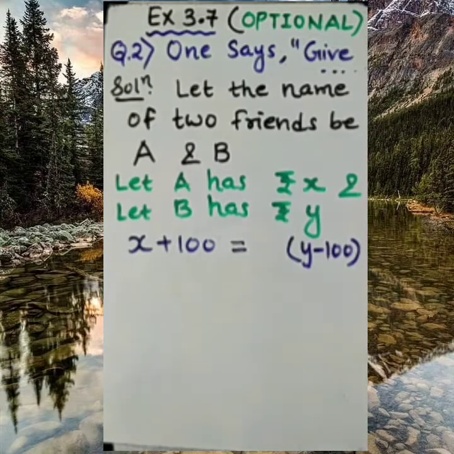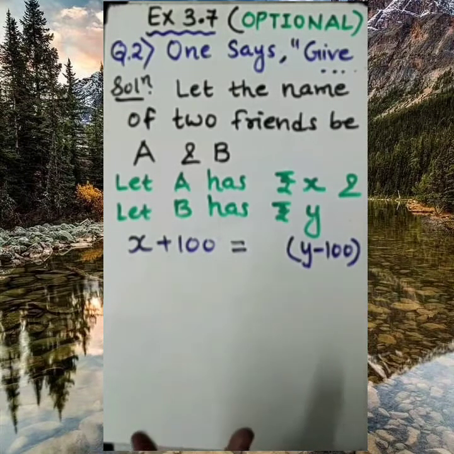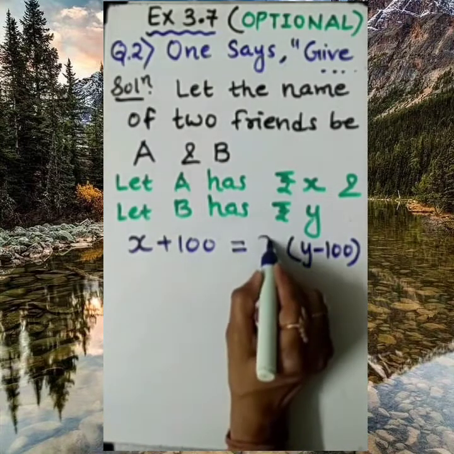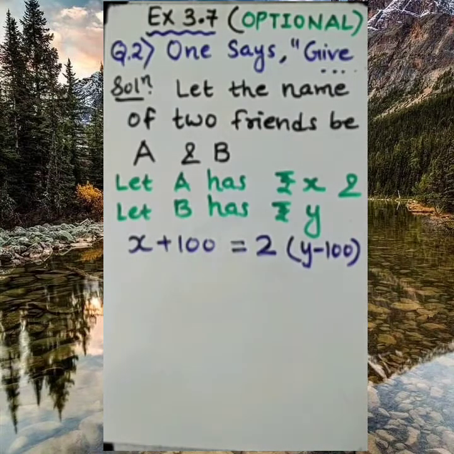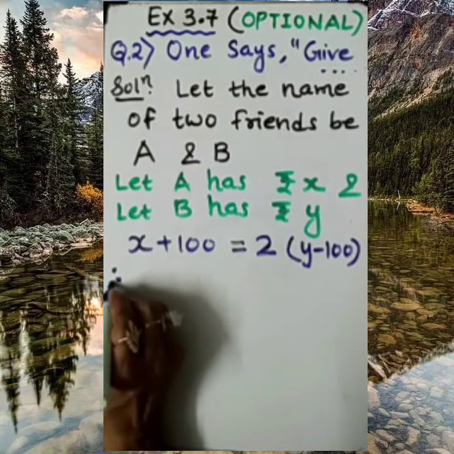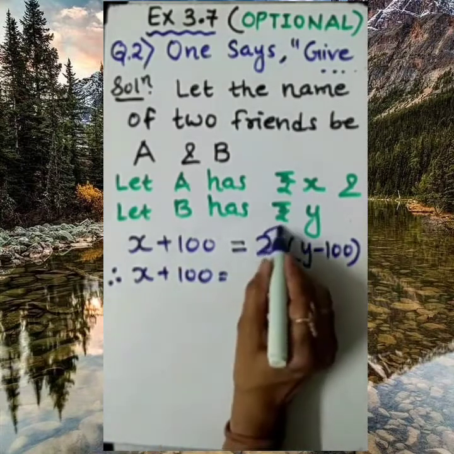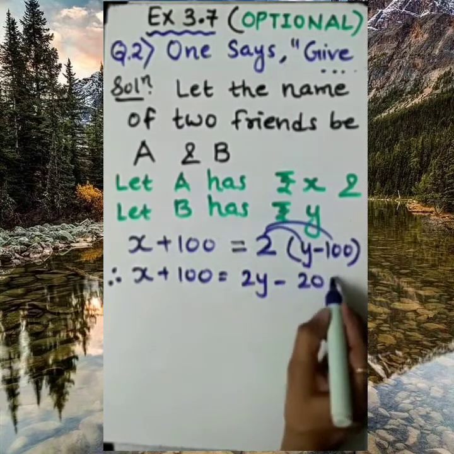Fine. So dear student, the first statement given is: I shall become twice as rich as you. Twice means 2 times y minus 100. So this is the first equation. Let's solve it. Here x plus 100 equals 2 into y, 2y, minus 2 into 100, 200.